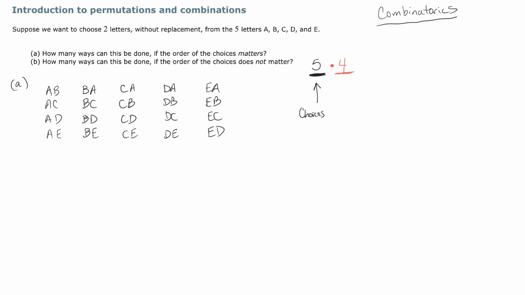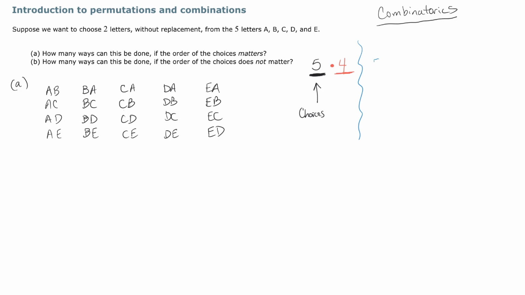Now, notice the numbers are counting down, and we do have a symbol for counting natural numbers going down and multiplying them together. What would that symbol be? Let's see. Why don't we try to write 5 times 4 in a very, very different manner.